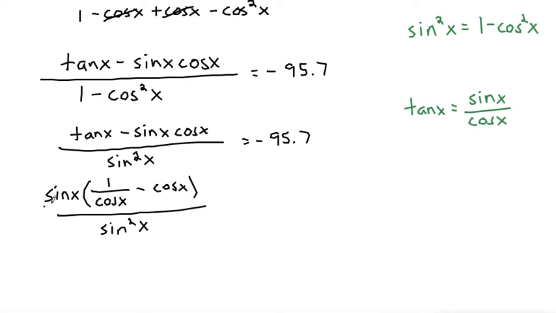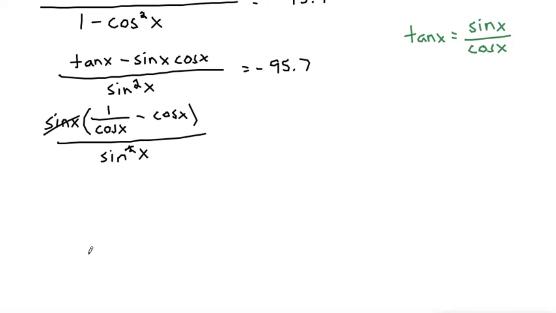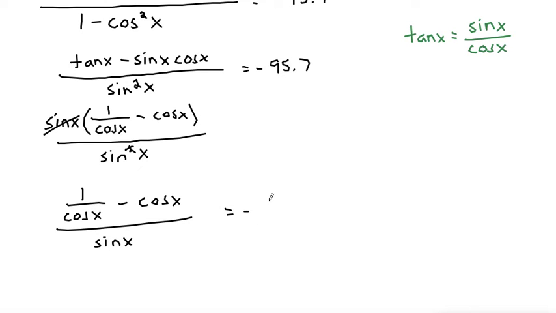From here, this factor of sine cancels with one of the sine factors in the square, leaving us with 1 over cos x minus cos x, all over sine x, is equal to our number.